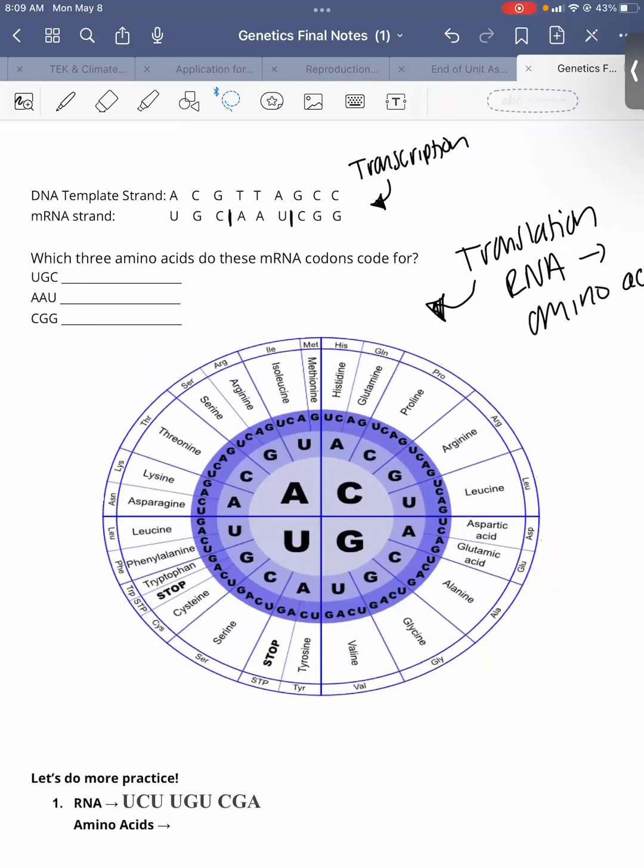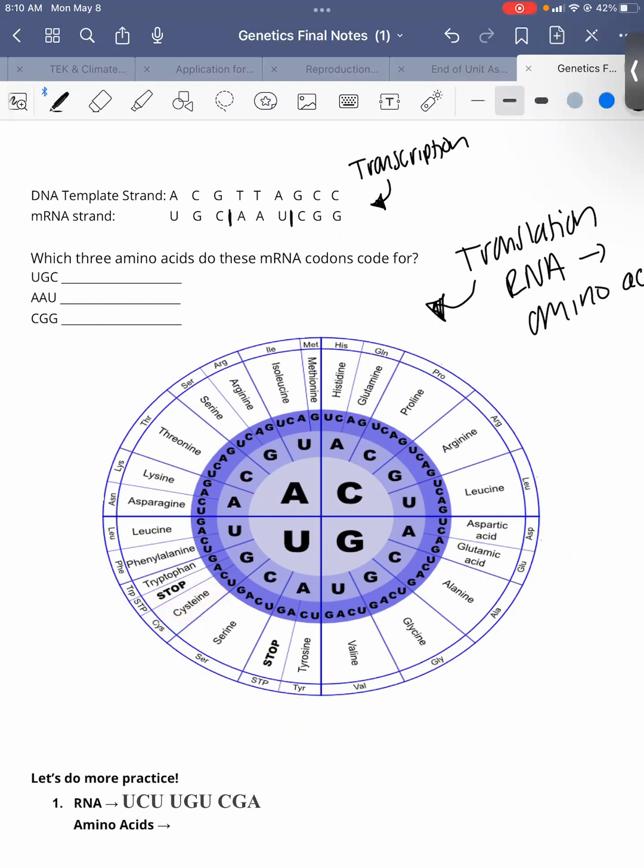So here's how you're going to do it. All right, UGC is the first one. If the first letter is U, we're going to start right here. And usually I take my finger and do this. So it's UGC. We go U, then I go to G, and then I go to C right here. So this amino acid is cysteine.